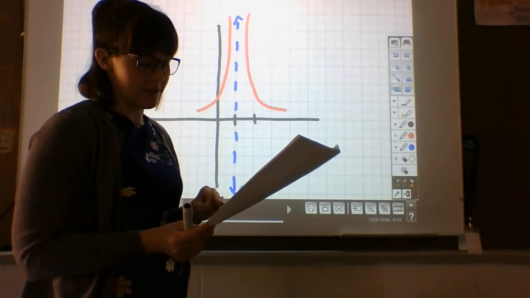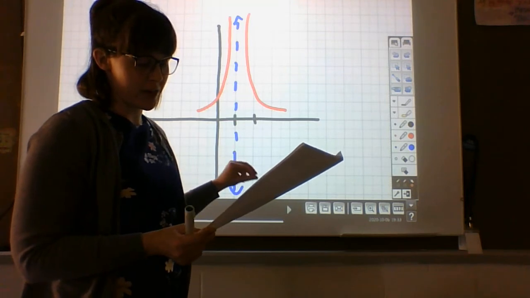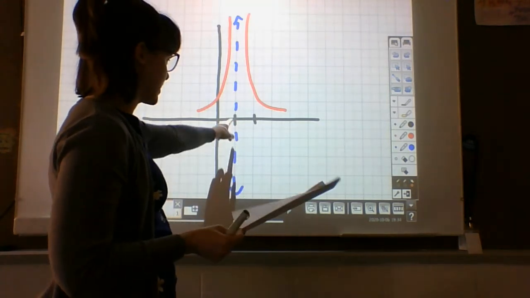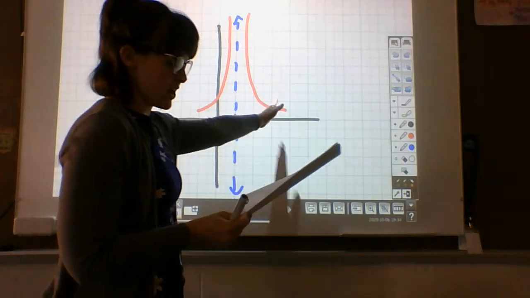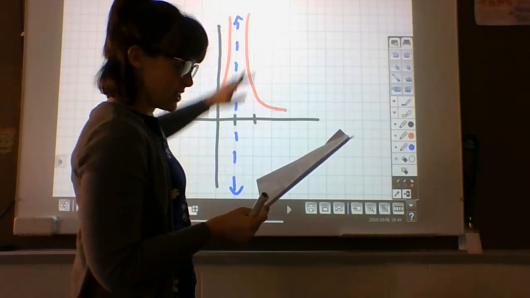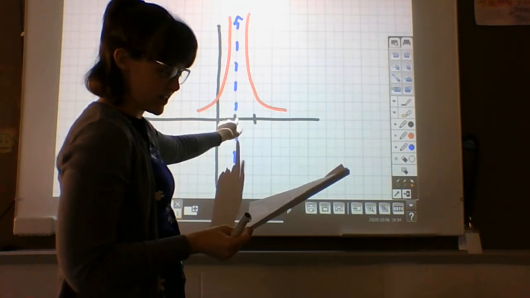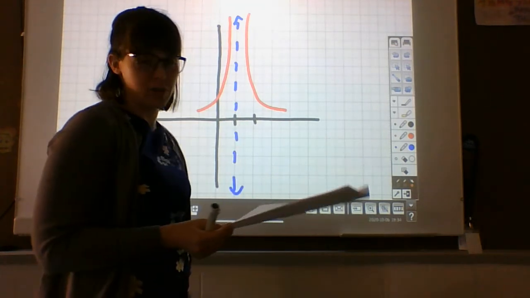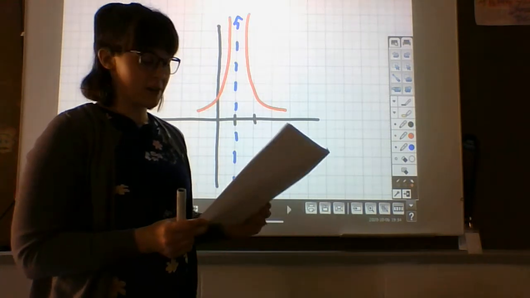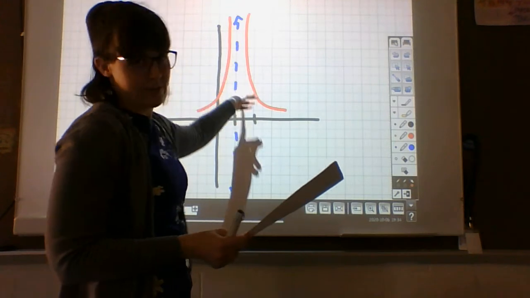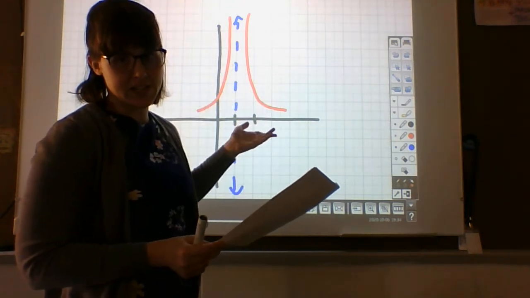So the definition: if f of x approaches infinity or negative infinity as x approaches c, so in this case as x approaches 1, from the right or the left, then the line x equals c, or x equals 1 in this case, is a vertical asymptote of the graph. Okay, so if it approaches some sort of vertical line and never touches it, that vertical line is the asymptote.